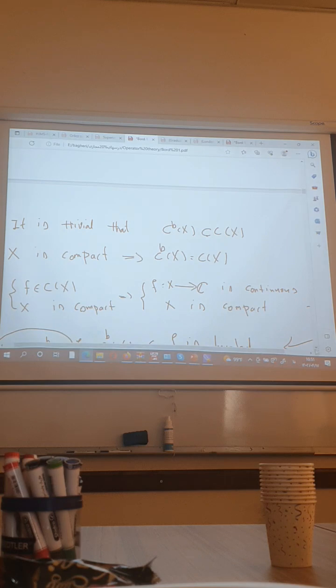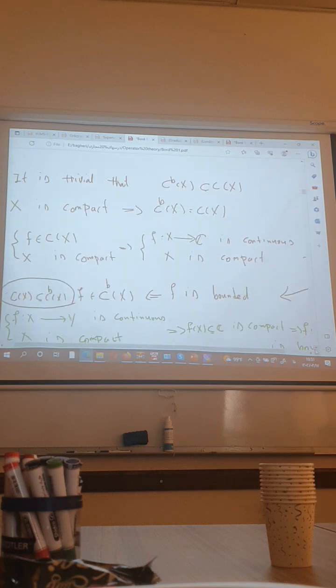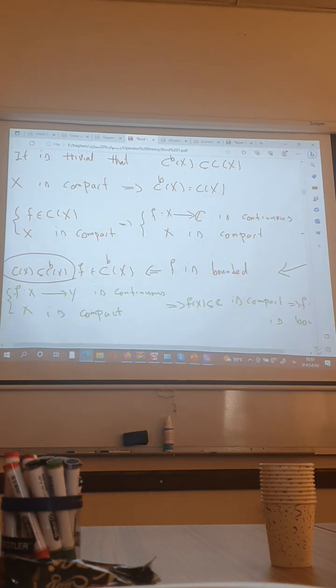We know that if f is a continuous function and X is compact, f(X) is also compact, and any compact set is a bounded set. So f must be bounded. Compact implies bounded. Okay.